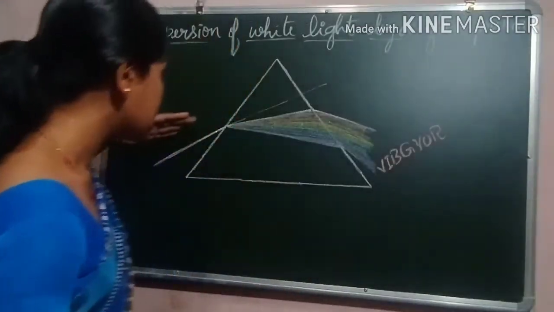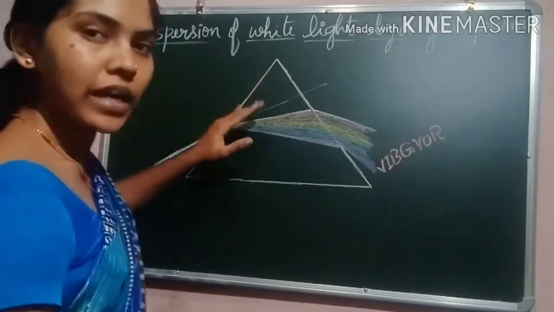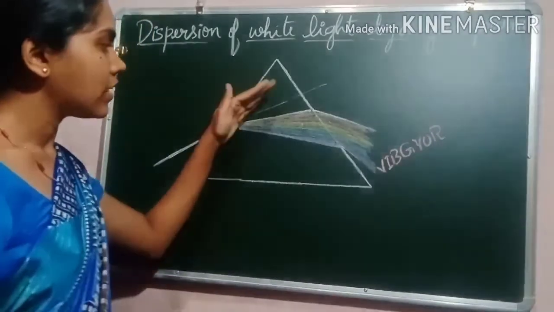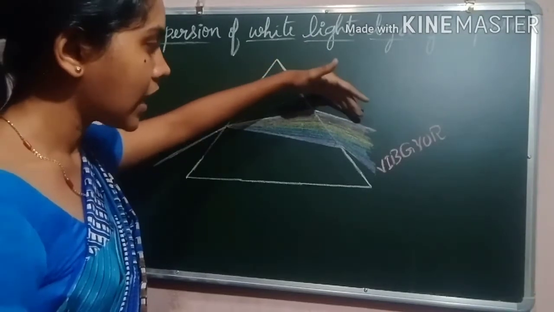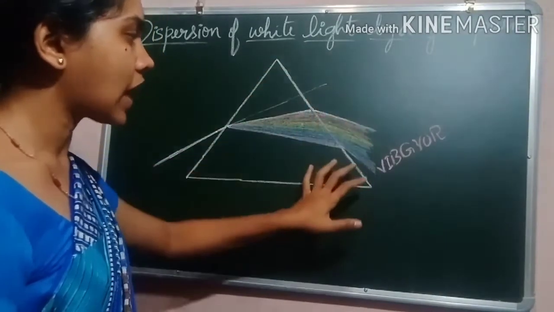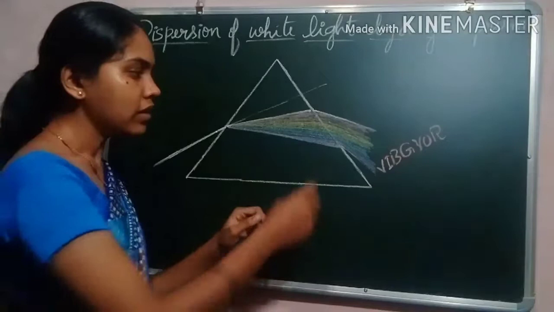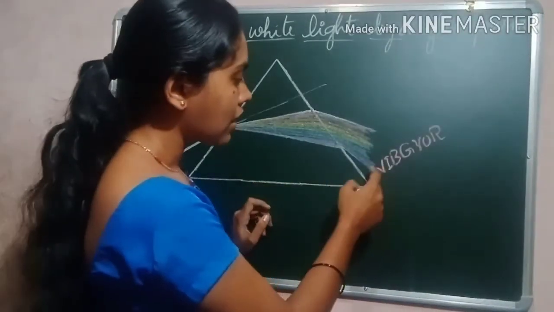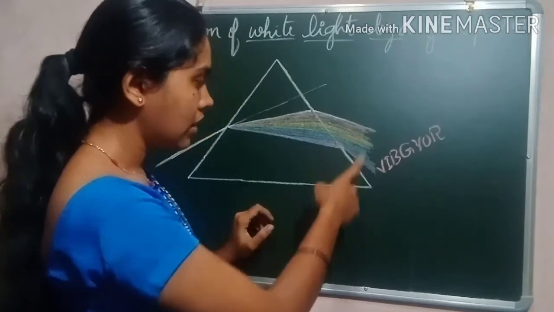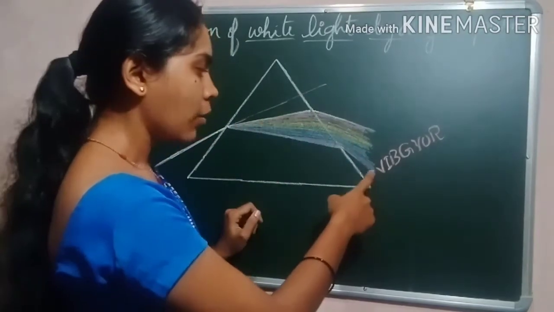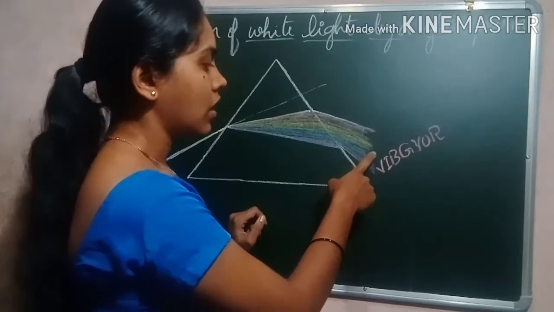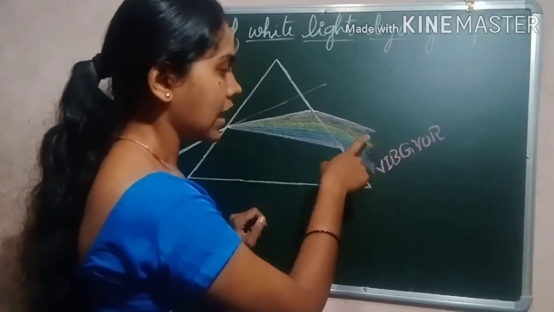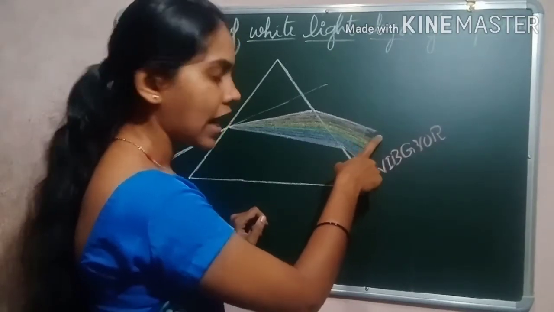So when we pass the white light through the prism, it gets reflected and refracted and emerges out as a band of colors. So we obtain the different colors while emerging out from the prism. Which are they? Violet, indigo, blue, green, yellow, orange and red.